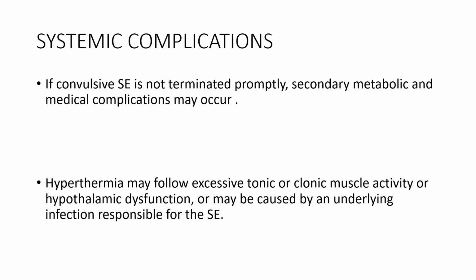Now, regarding systemic complication. If convulsive status epilepticus is not terminated promptly, secondary metabolic and medical complication may occur. Hyperthermia may follow this excessive tonic and clonic muscle activity, or hypothalamic dysfunction can occur, or it may be caused by underlying infection responsible for status epilepticus.